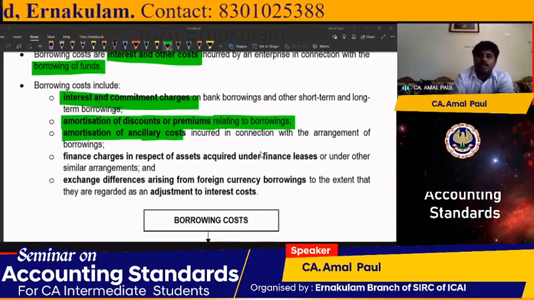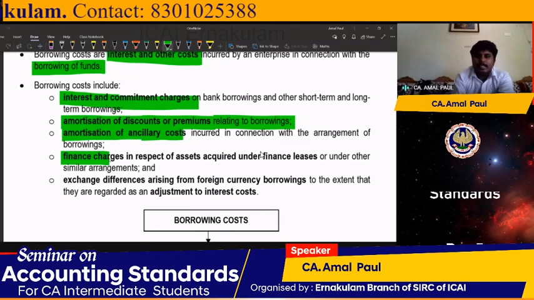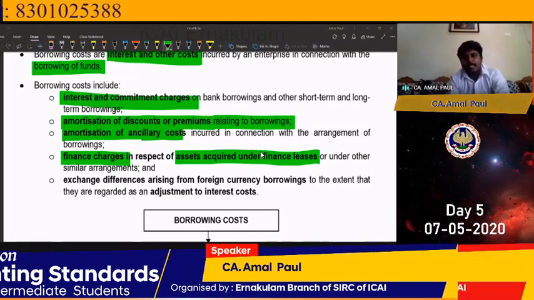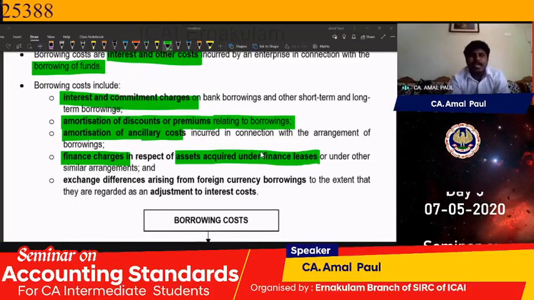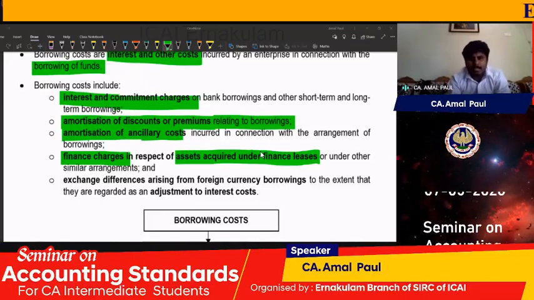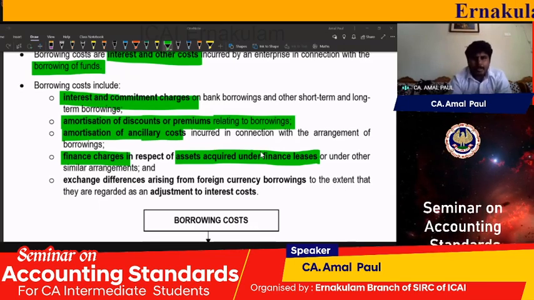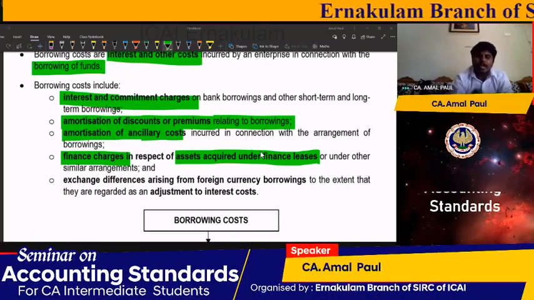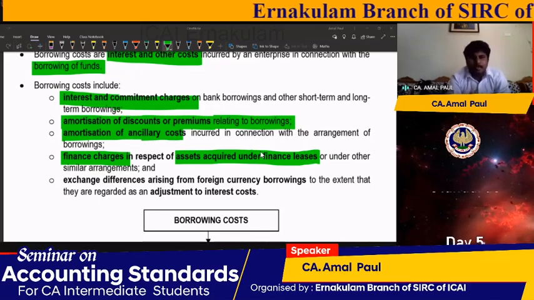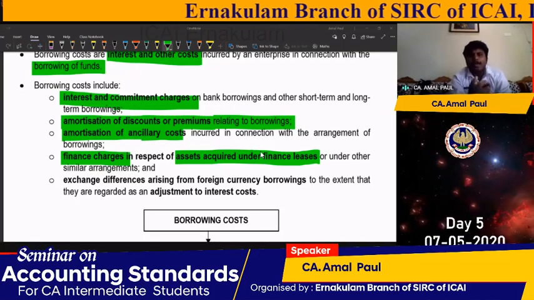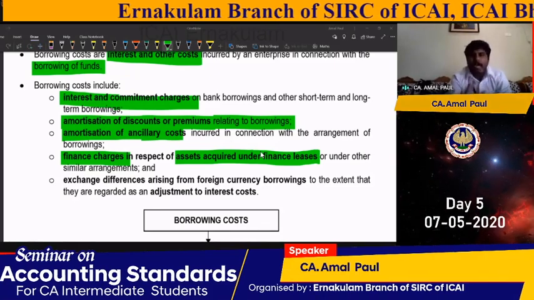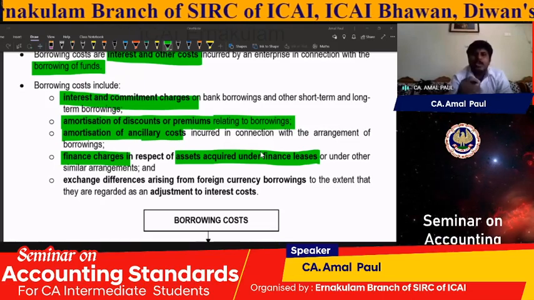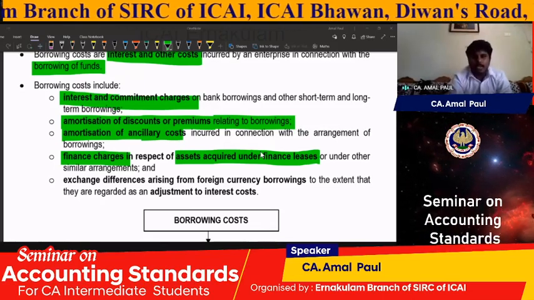Then the fourth component is finance charges in respect of assets acquired under finance lease or other similar arrangement. We will learn what a finance lease is and how it should be accounted. Then we will see something known as finance charges. It is nothing but, when it comes to your hire purchase account, in the books of the hire purchaser, you will be recognizing a loan and you will be providing interest on that.